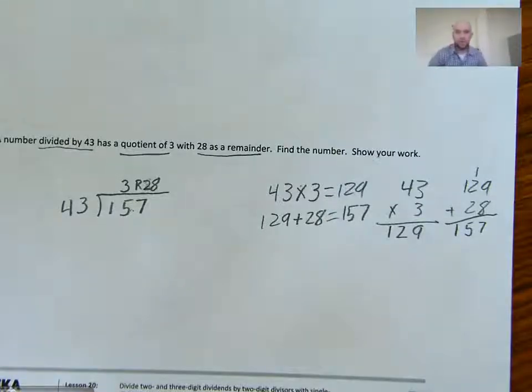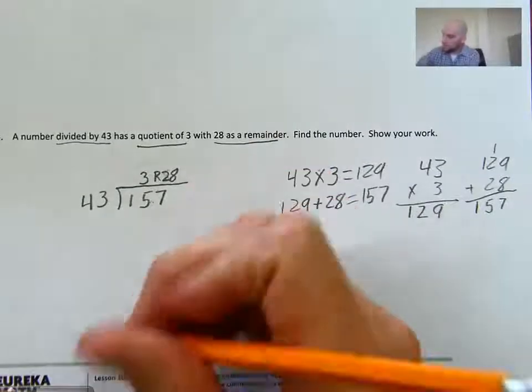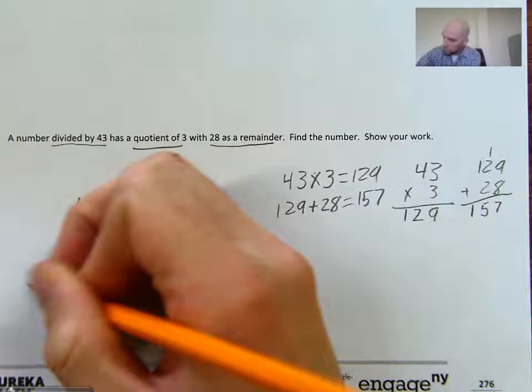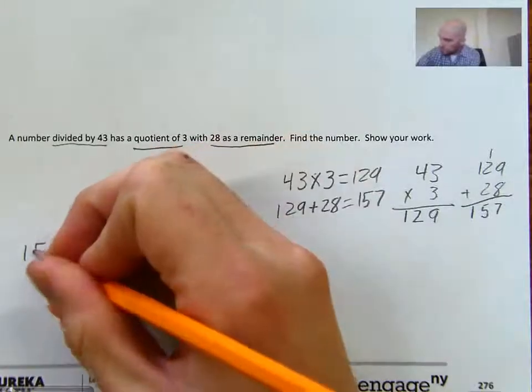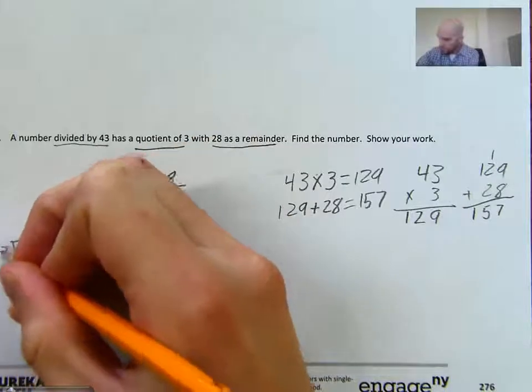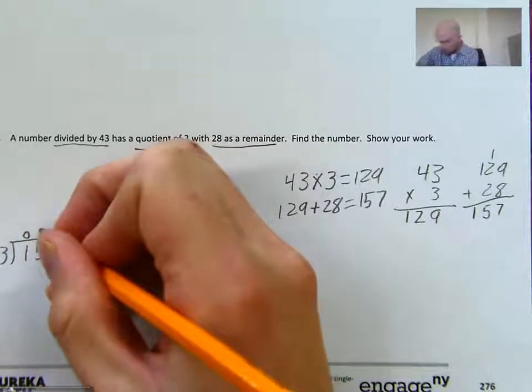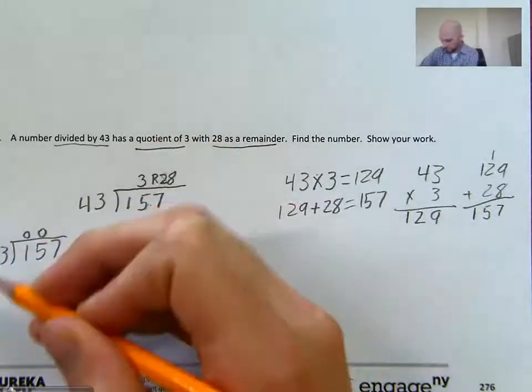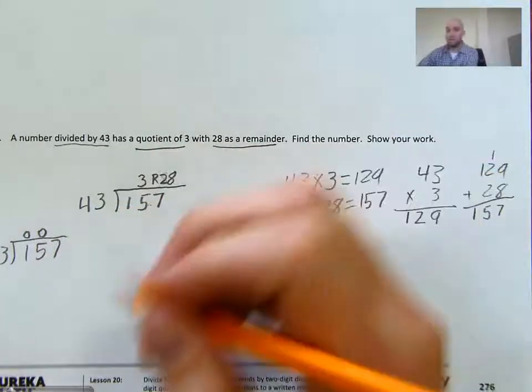So how can we check this? Well, since division is the inverse of multiplication, we multiply to find our answer. We can divide to check our answer. So let's try it. We'll do 157 divided by 43. Well, can't go into 1, can't go into 5, can't go into 157.